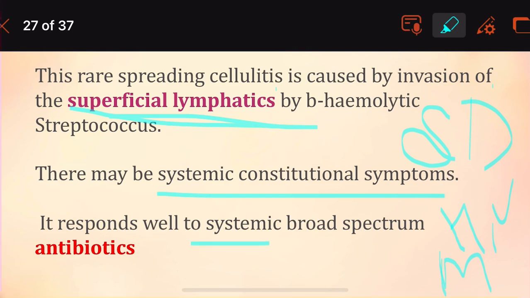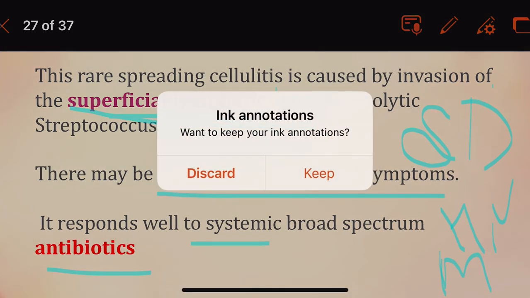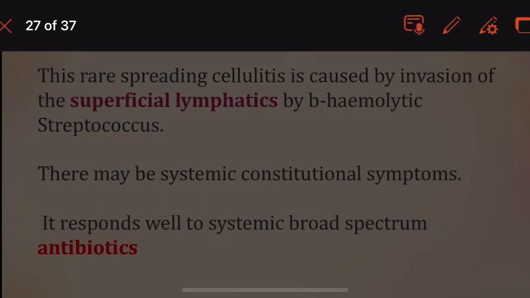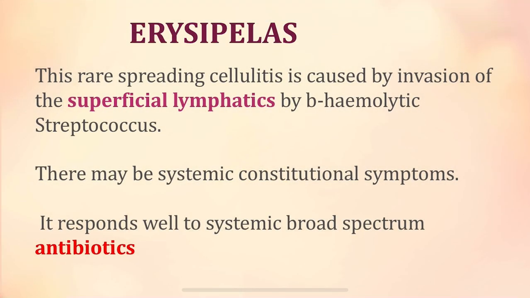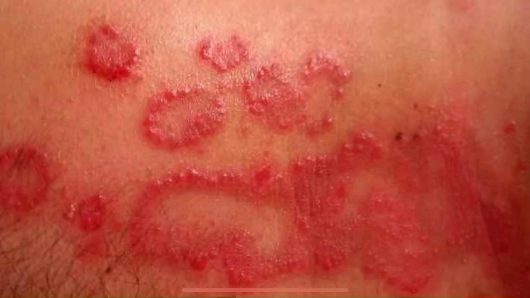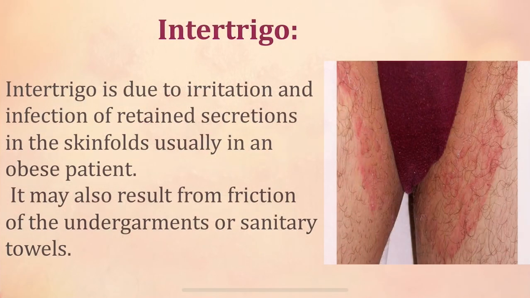It will respond to systemic broad spectrum antibiotics. Since the constitutional symptoms are involved, you have to give systemic antibiotics. So you can see the involvement of the superficial lymphatics by the beta hemolytic Streptococcus.